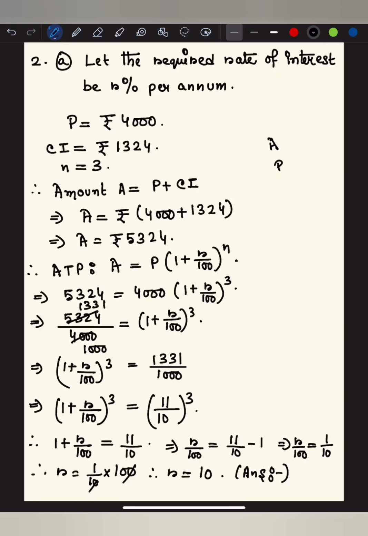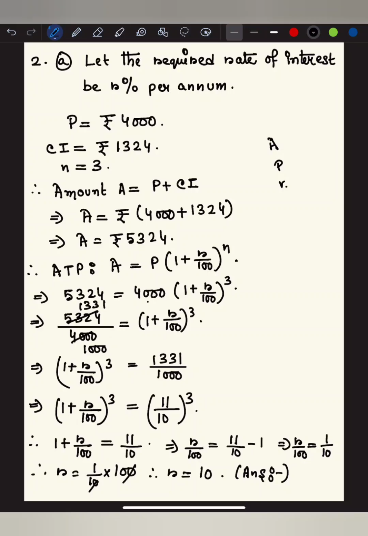So we have this formula where A, the amount, equals principal into 1 plus r by 100 whole to the power n. So we have just substituted the values. So 5324 equals 4000 into 1 plus r by 100 whole cube.